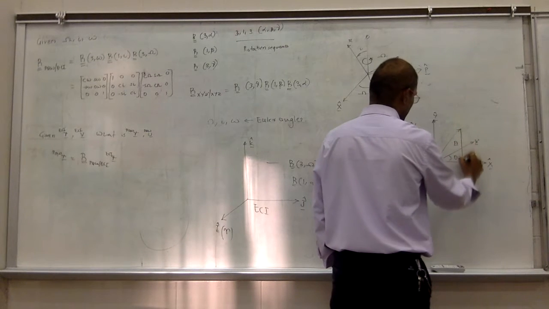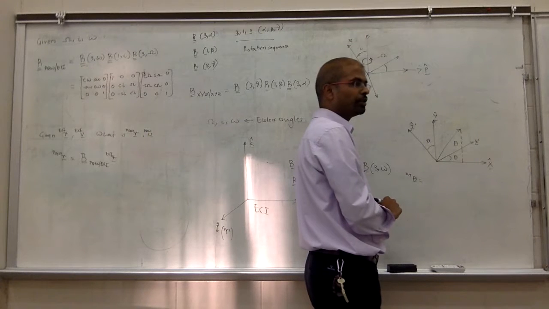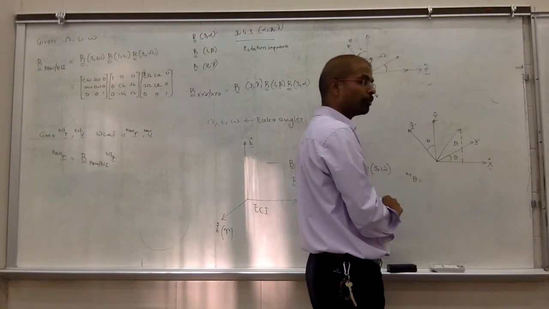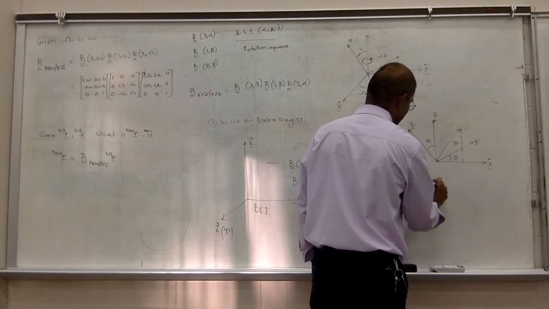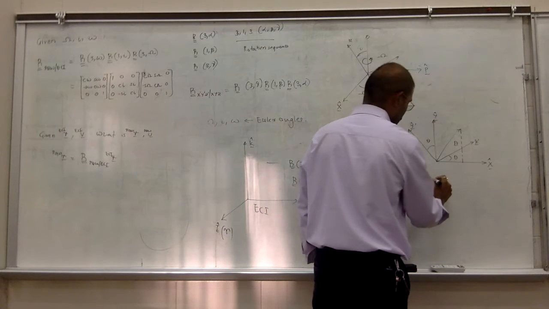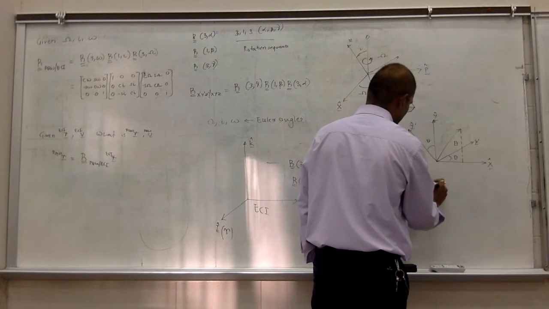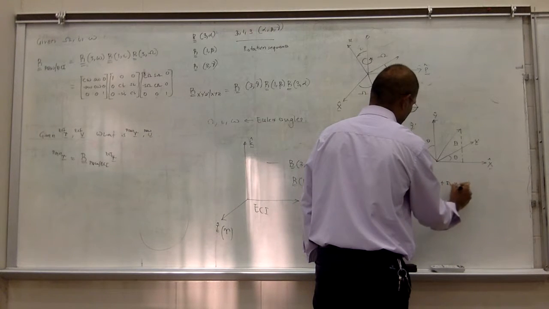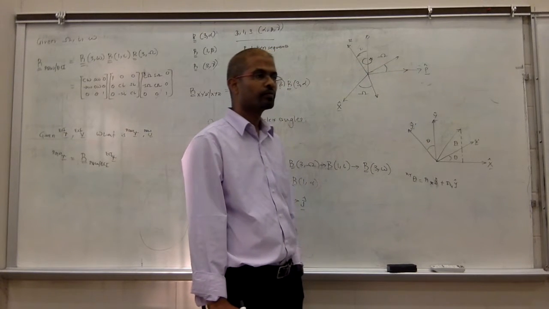So you look at this. This is the x component. Sorry, y component. You write this as ax, sorry, ay, sorry, ax cosine, x plus ay y. Yeah, okay.